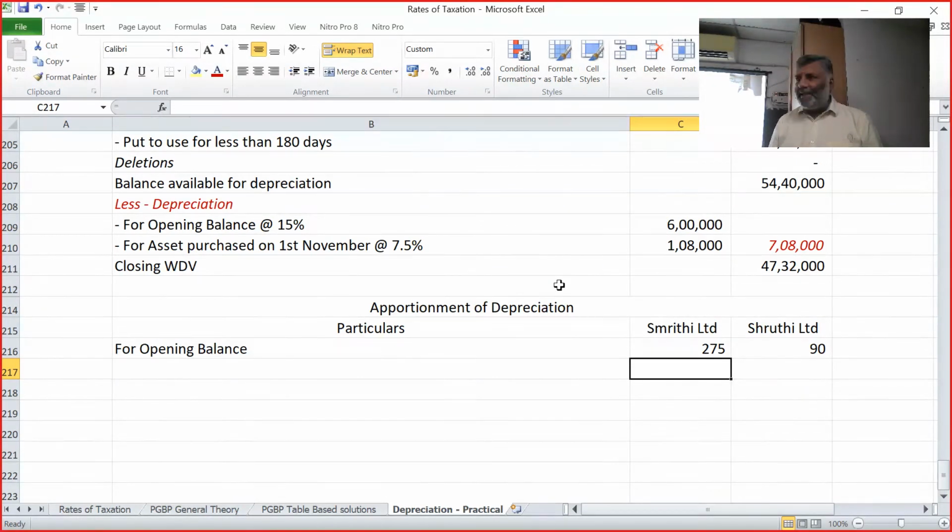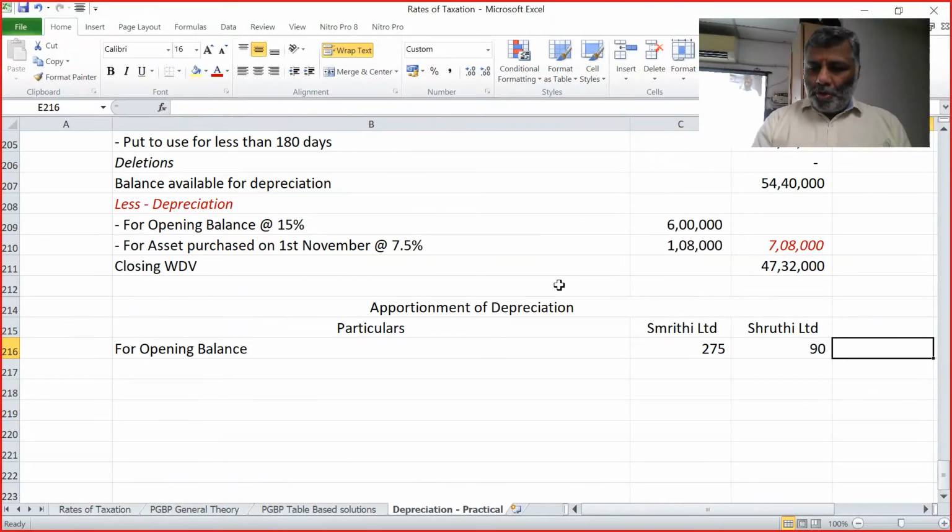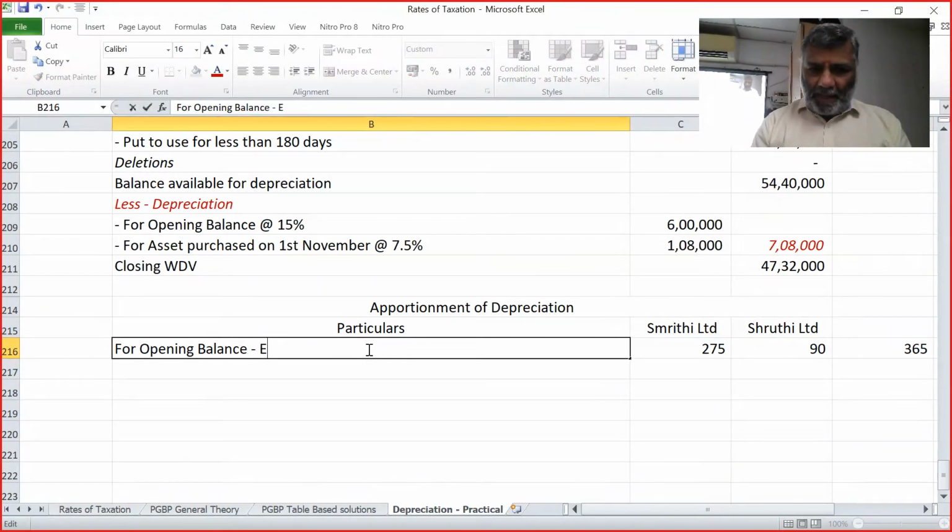So remember this, it is on the basis of effective usage period.